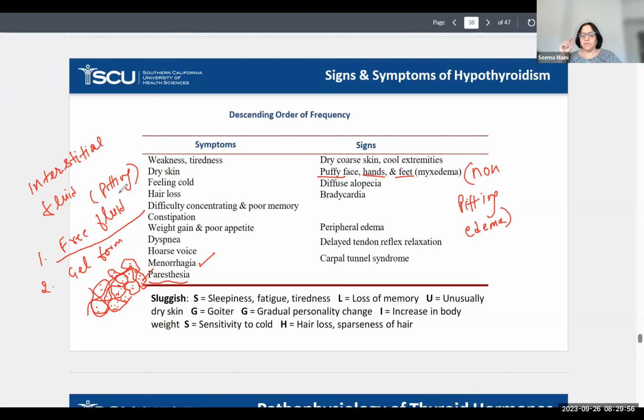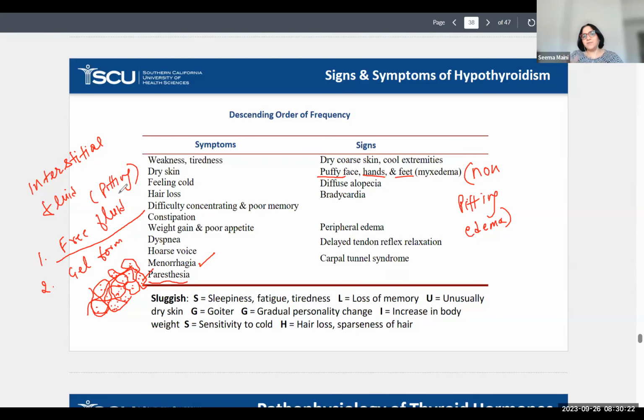edema. Pitting means if you press against a bony prominence and then remove your finger, there'll be a pit, and it will take around 15 to 20 seconds for that pit to disappear. In non-pitting edema, you can see puffiness, but if you try to press, there'll be no compression, no depression.